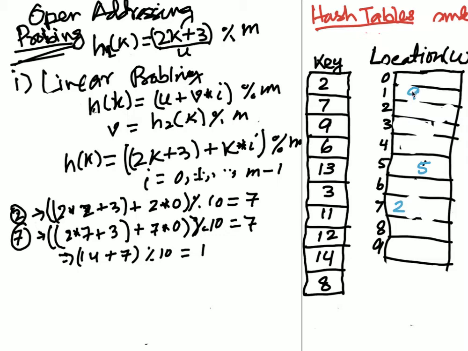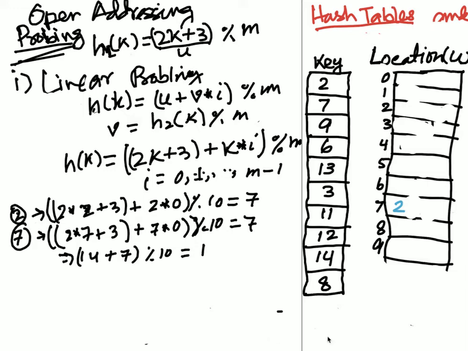If that position is already used, then we again increase i, next i equal to 2. In this case, this value was for the previous hash function, so I can delete it.